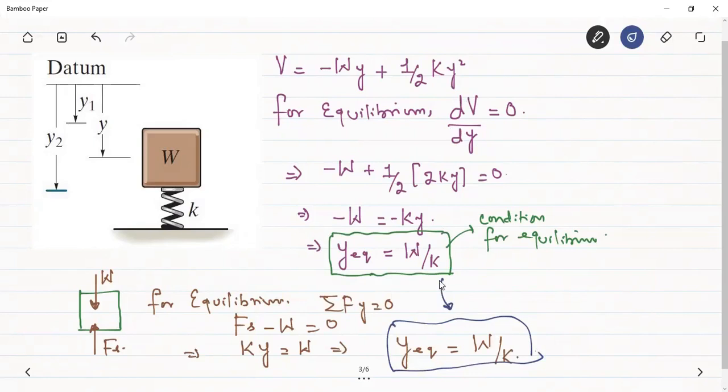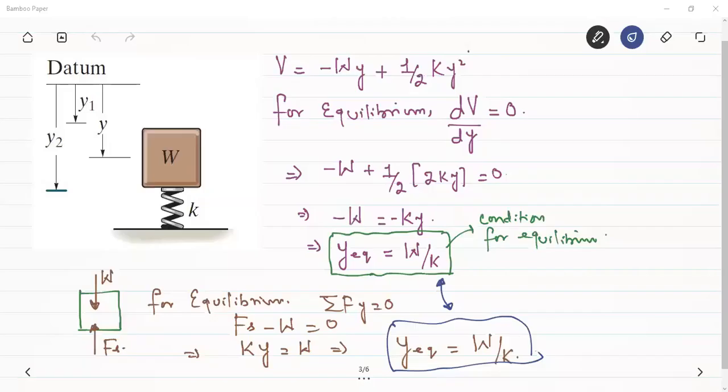It is clearly seen here. So now we have seen how the potential function helps us in determining the equilibrium criteria for a system. Now this potential function not only helps us in determining the equilibrium criteria, it can also tell us what type of equilibrium the system is in.